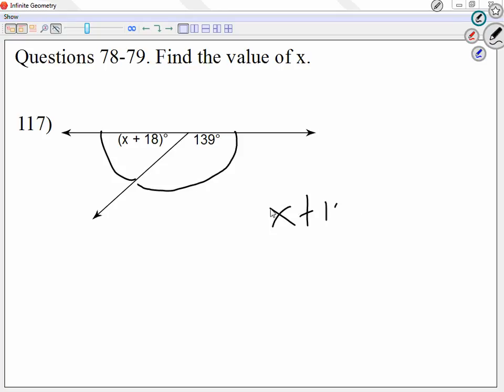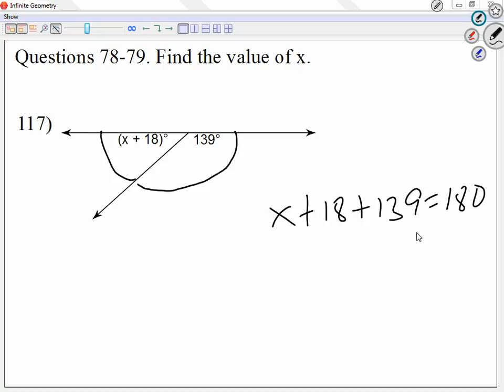X plus 18 plus 139 is equal to 180. And everything is 180 because it's the angle of a line. Once again, the rest, you guys can finish it.